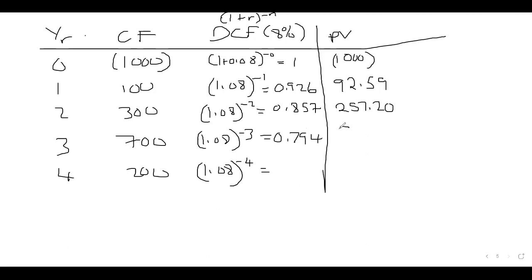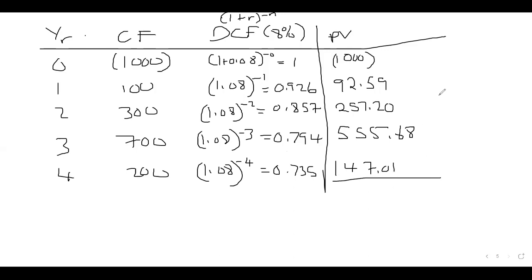It will be 555.68. All right, then finally 1.08 to the power negative 4. The discount factor here is 0.735. You multiply this by 200 there. So it will be 147.00.